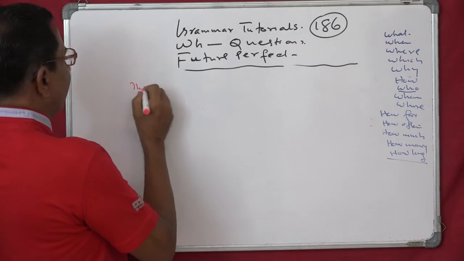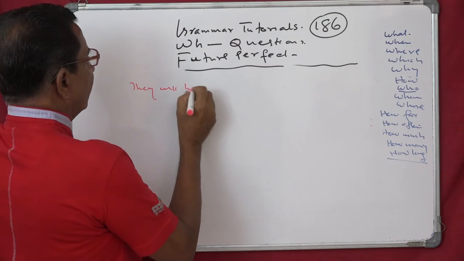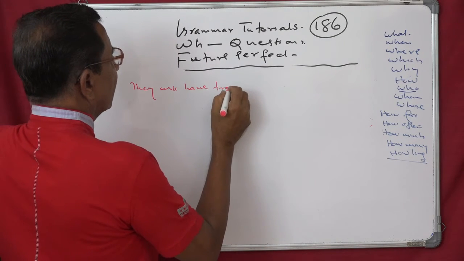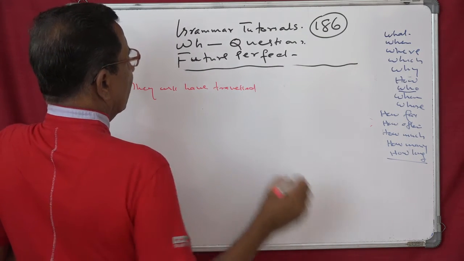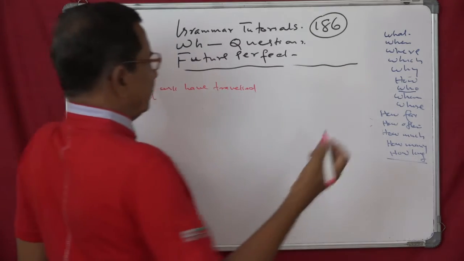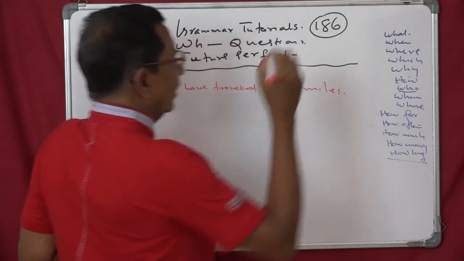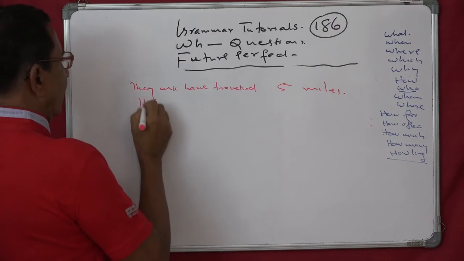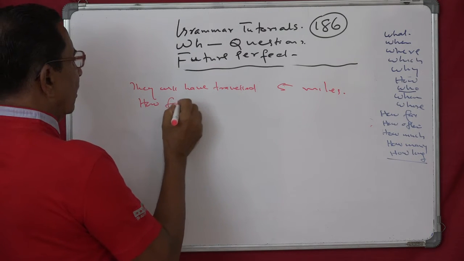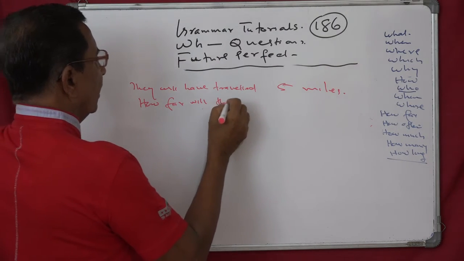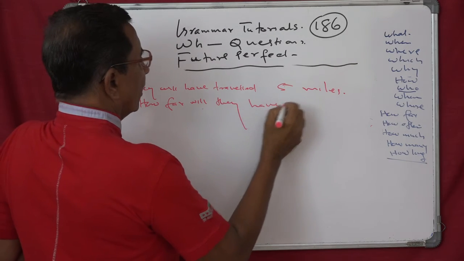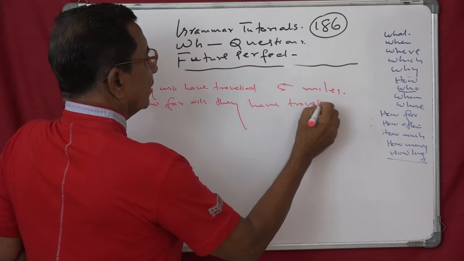They will have traveled, say 5 miles. Now you can ask how far will they have traveled? See, that's very simple, no?